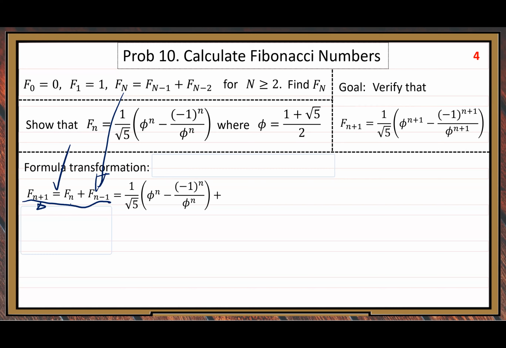Then after we apply the original formula, the subscript becomes n and n minus 1. And let's recall the range in our assumption.